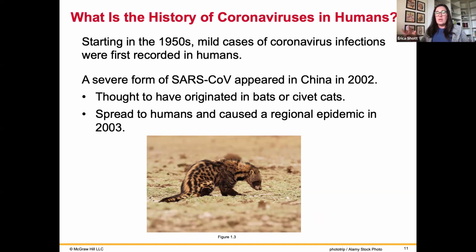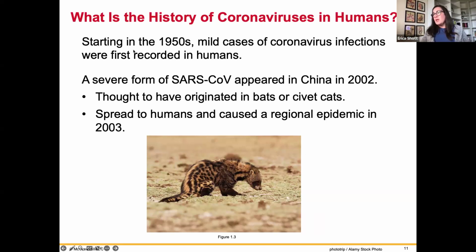Zoonotic means that there's a natural place for this virus and it's widely circulated amongst some other animals. And often they will jump species. So they have to acquire mutations in order to do this, which is why we're talking about this in the context of evolution. They have to evolve in order to jump species.